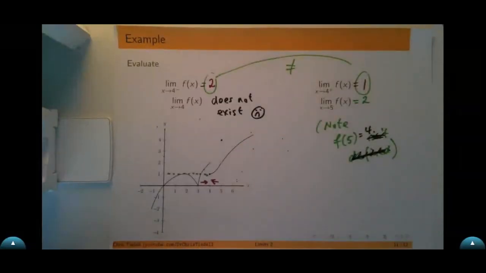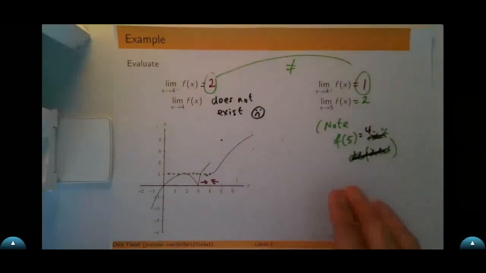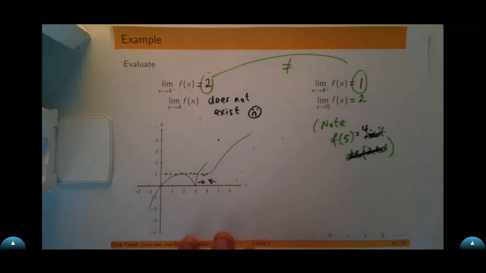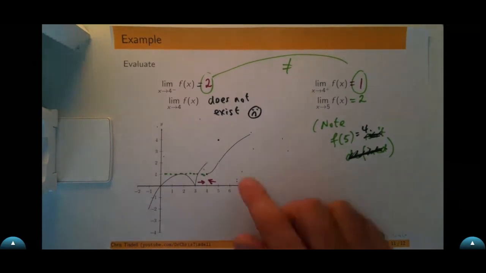Okay, let's go back to the picture. It's a good question. So Nicole has a good question: I have a question about the page before. Why is the limit as x approaches 5 not that?